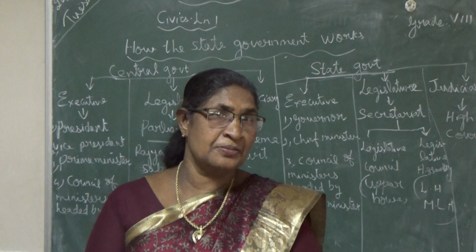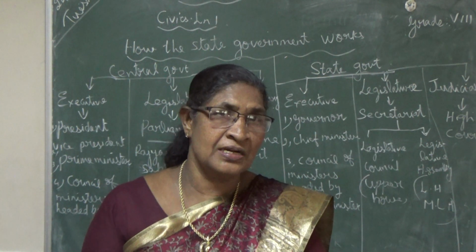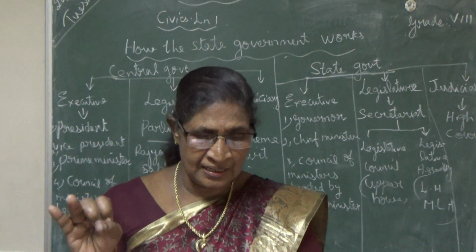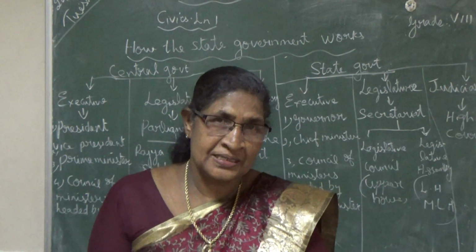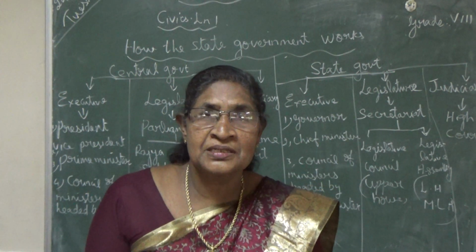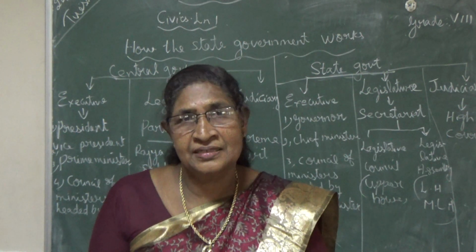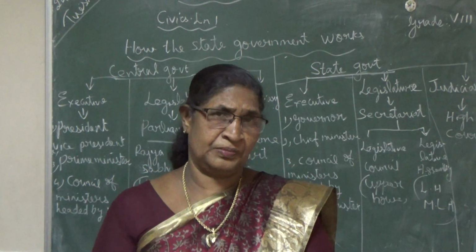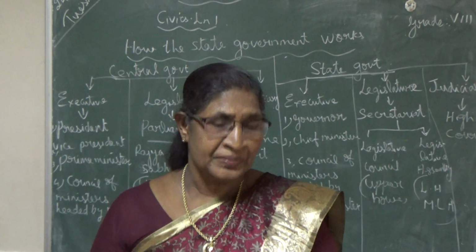So the governor appoints the chief minister, advocate general, chairman, then members of the Public Service Commission. Public Service Commission means TNPSC. All of you know, shortly we use the word TNPSC, Tamil Nadu Public Service Commission. So the members of the Public Service Commission are also appointed by the governor.